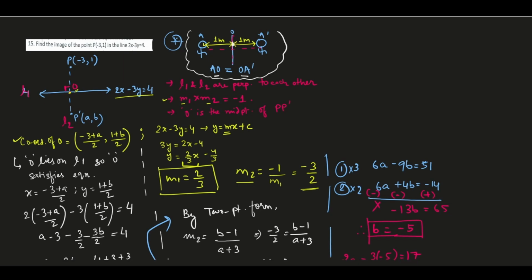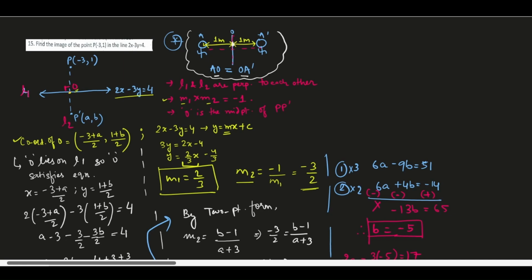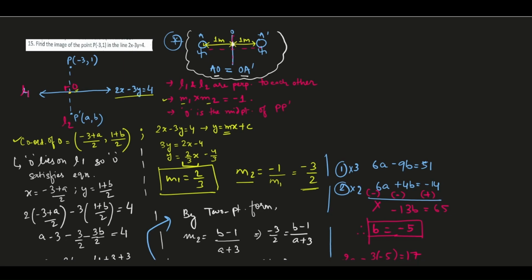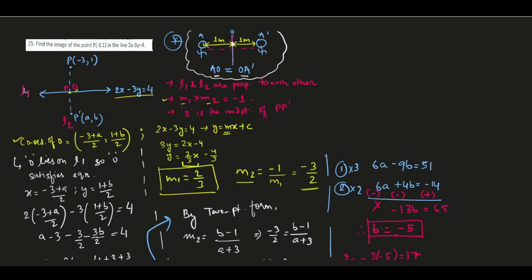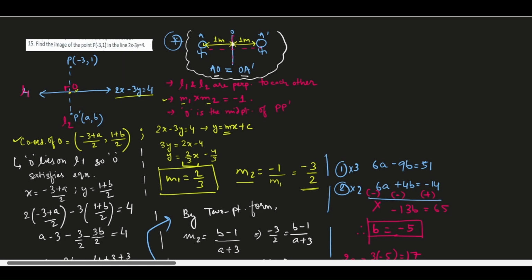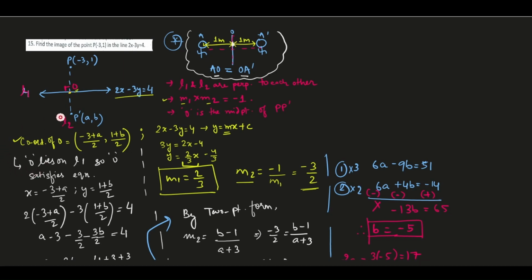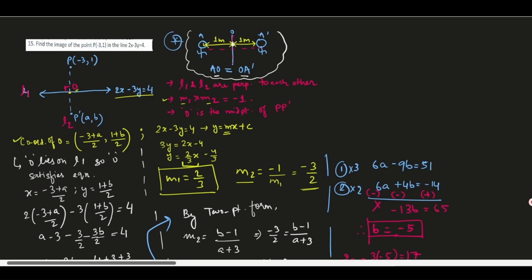So our first step was to find the coordinates of O. तो O का कोऑर्डिनेट फाइंड आउट करने के लिए हमने P' को अज्यूम किया (a, b) और फिर आगे बढ़े. तो मिड पॉइंट फॉर्मूला से जो कि होता है (x1 plus x2) by 2, (y1 plus y2) by 2, तो ये फॉर्मूला लगा के हम लोग O का भी कैलकुलेट कर लिए. तो O का कोऑर्डिनेट्स आया (-3 plus a) divide by 2 और (1 plus b) divide by 2.